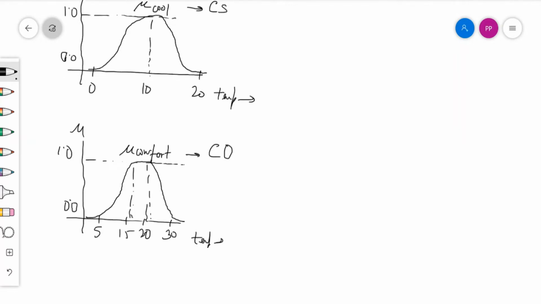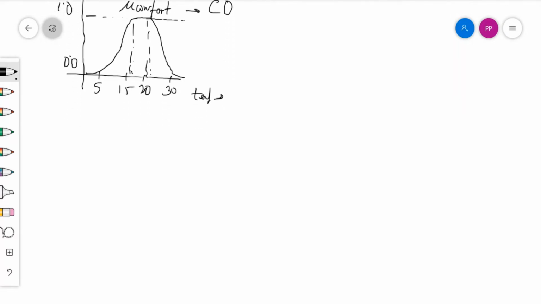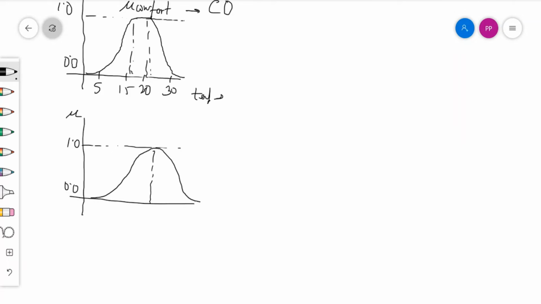Let us go a little ahead for higher temperature range. We can define the temperature range between 20 degrees Celsius to 40 degrees Celsius. So this is your mu. I am normalizing it to 1.0, starting from 0.0, then like this. There is temperature in between. This is 30, this is 20, this is 40.